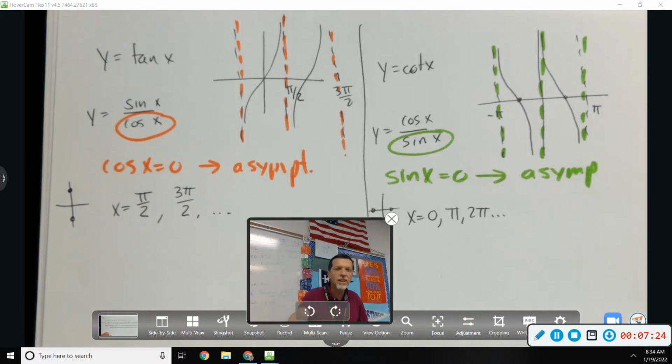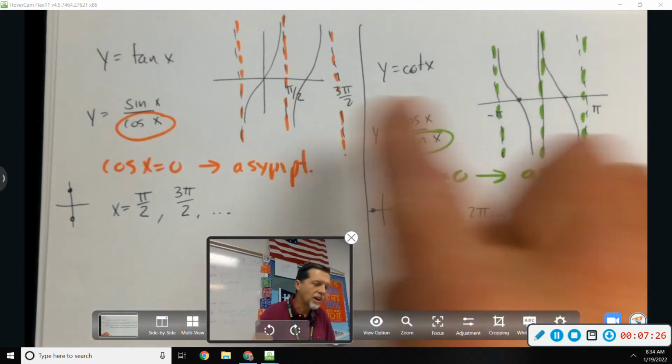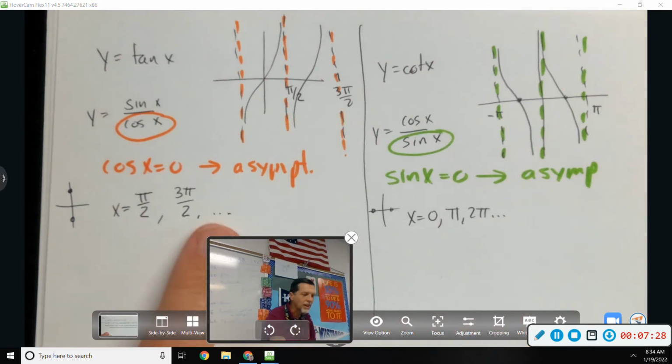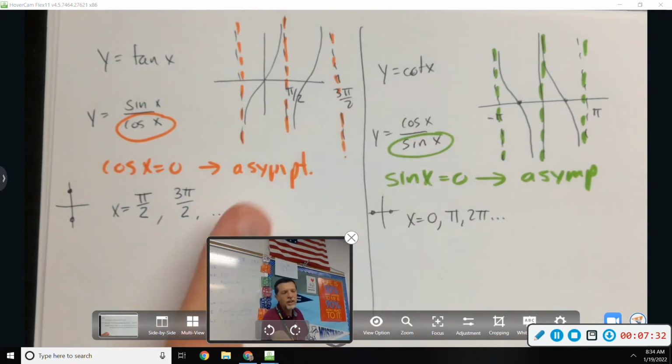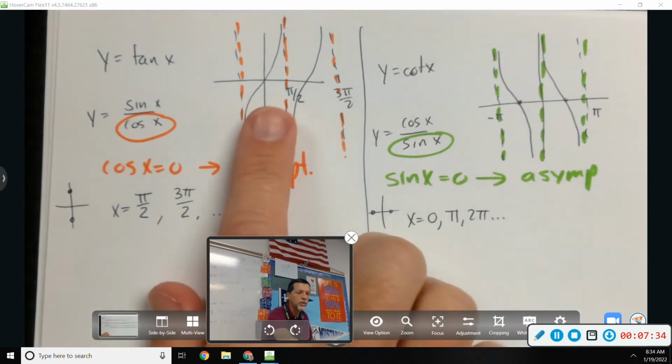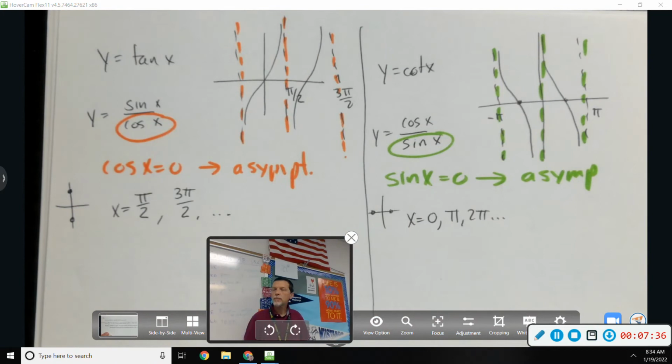That's a good question, and that covered a lot of stuff. We could ask a lot of questions about where are the asymptotes of tangent, where are the asymptotes of cotangent. Plus, it's a good review of what the graphs look like. While we're there, what's the period of each of those graphs? Pi. Both of them have a period of pi.